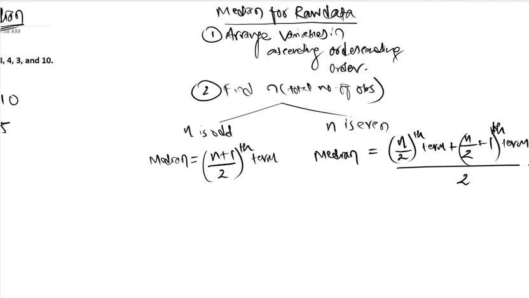N by 2th term plus n by 2 plus 1th term the whole upon 2. So this is the formula for median.